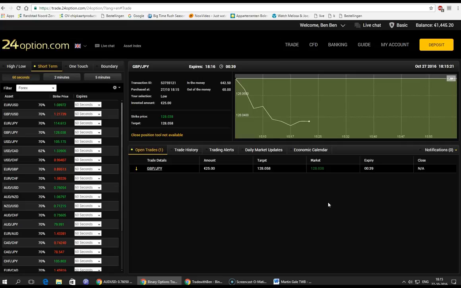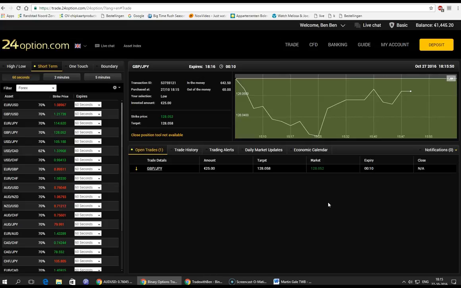So it's 20 pips in the money right now, which is quite okay, but we need it to be more. And actually, I thought that the GBP and Japanese yen is having a trend up, so I don't know if this was a good idea, but let's just see what's going to happen.